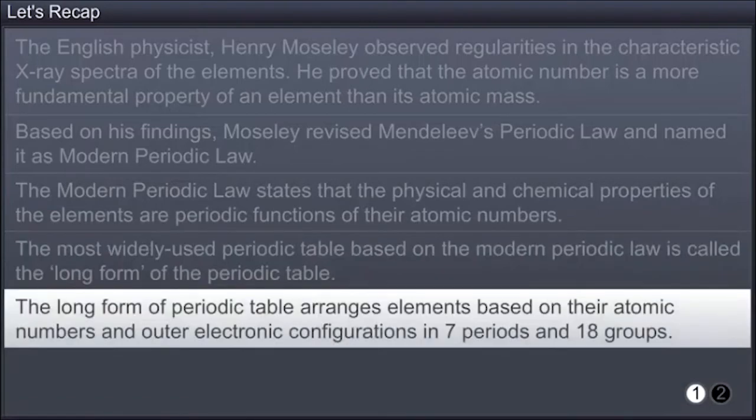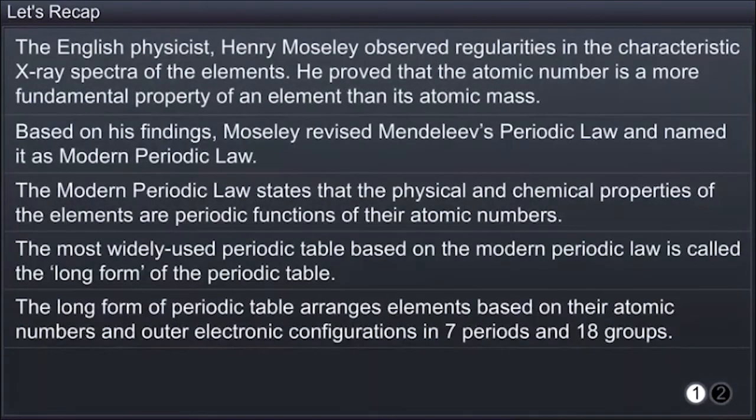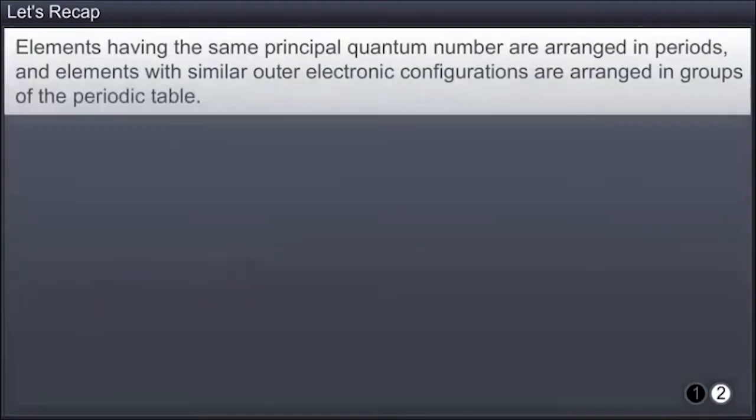The long form of periodic table arranges elements based on their atomic numbers and outer electronic configurations in 7 periods and 18 groups. Elements having the same principal quantum number are arranged in periods, and elements with similar outer electronic configurations are arranged in groups of the periodic table.